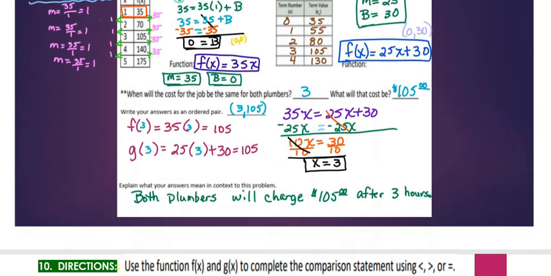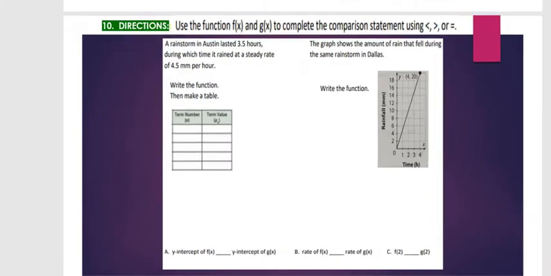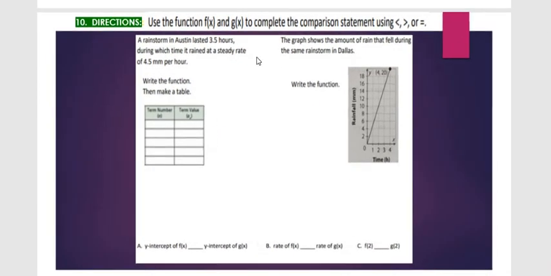Now let's go on to problem number 10. On problem number 10, you're going to use the function f of x and compare it to this graph. So look at number 10. You've got a rainstorm in Austin that lasted 3.5 hours, during which time it rained at a steady rate of 4.5 millimeters per hour.